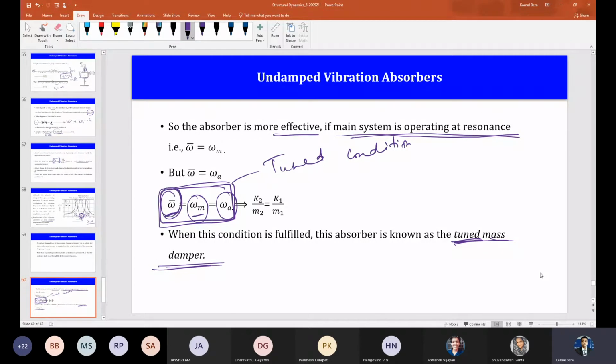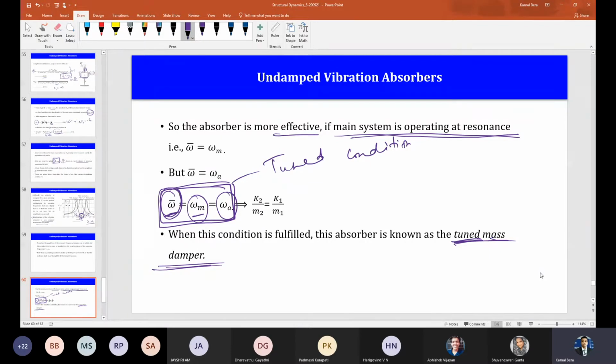This forcing frequency will not be known a priori for an earthquake excitation or random excitation, so in that case, the tuned mass damper will not be so effective. But for wind loading, if it is not a turbulent kind of wind, for mean wind flow, the frequencies are usually known to us.